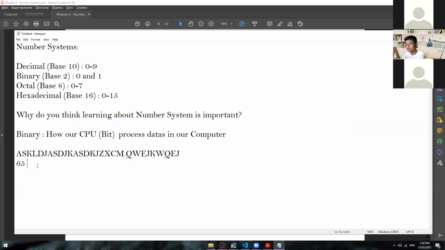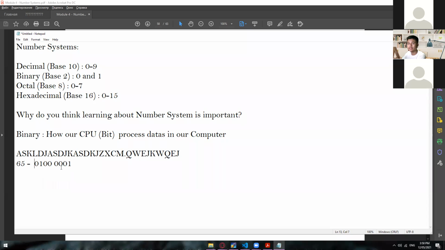If you convert this into binary, let's start with 8-bit binary: 1, 2, 4, 8, 16, 32, 64. So 1 and then 1.